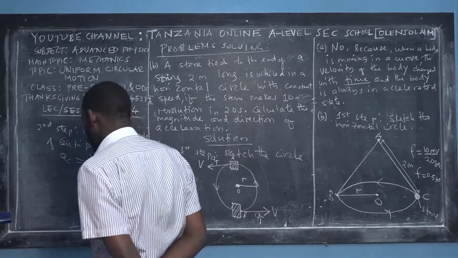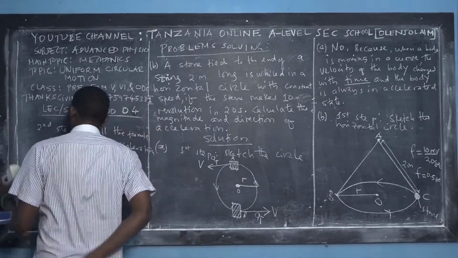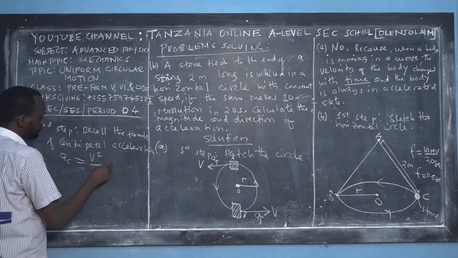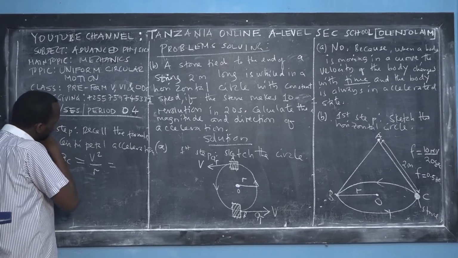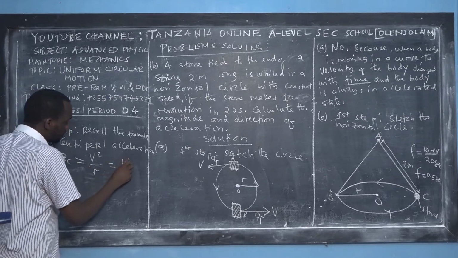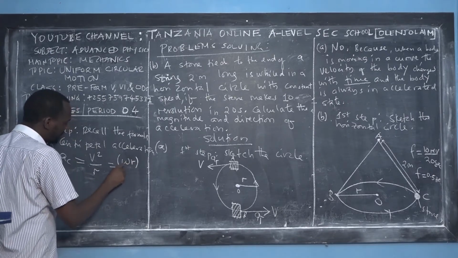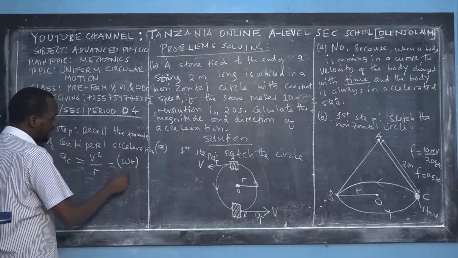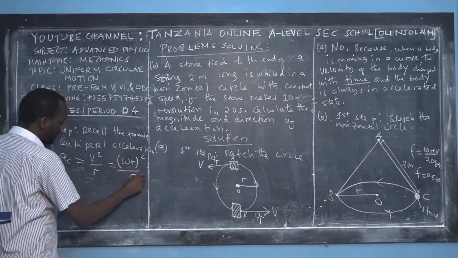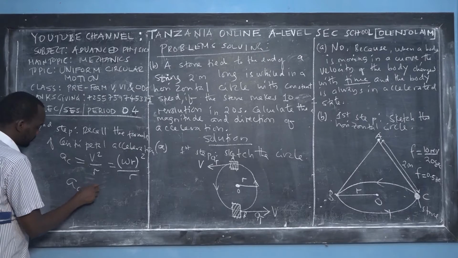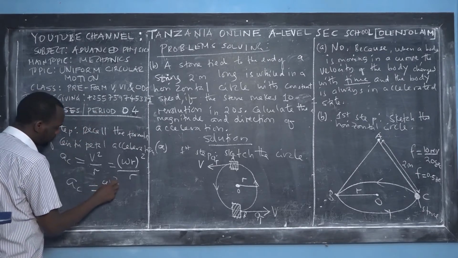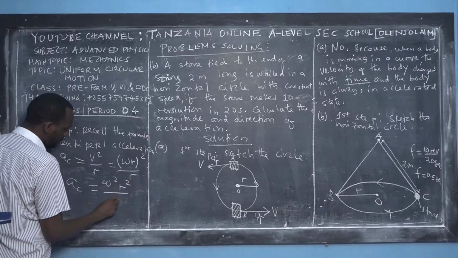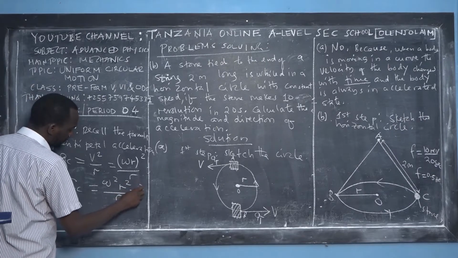We should think about the formulas of centripetal acceleration, which we can express in terms of angular velocity. We know linear velocity is equal to angular velocity times radius r. If you square this and divide by r, centripetal acceleration is equal to omega square r square over r. So the answer is omega square r.